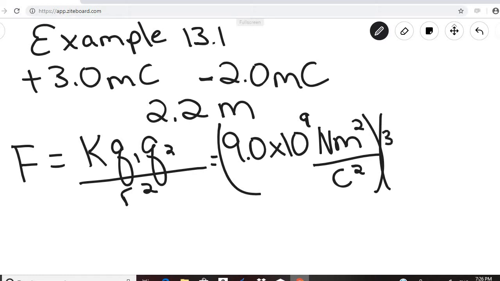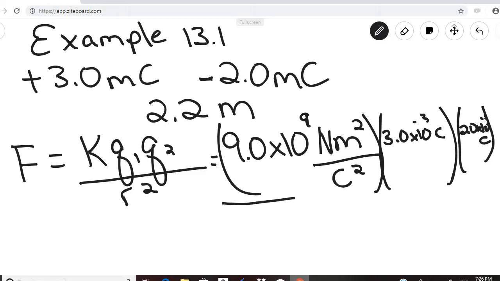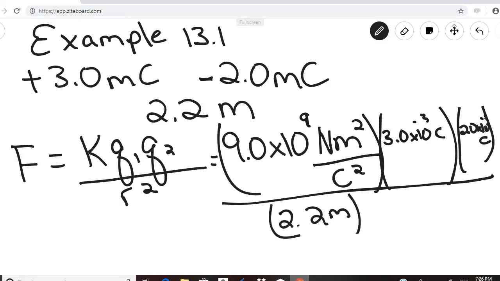We would say 3.0 times 10 to the negative 3 coulombs. The other one would be 2.0 times 10 to the negative 3 coulombs. And then we will divide that by the radius, which was 2.2 meters, and we're going to square that.